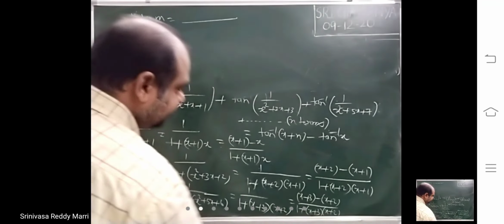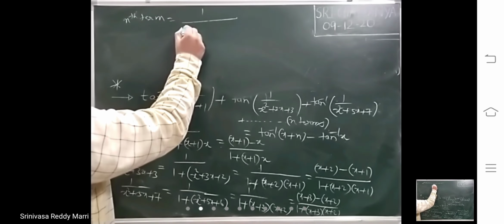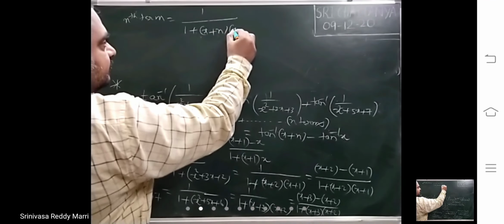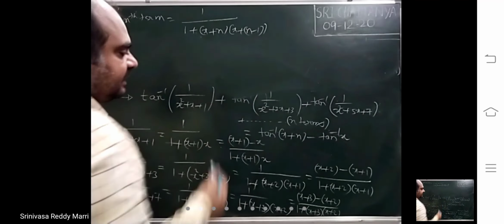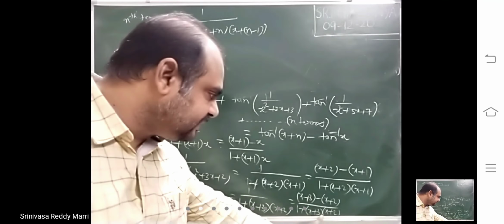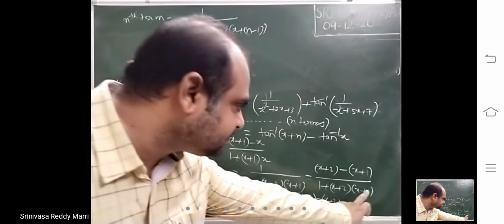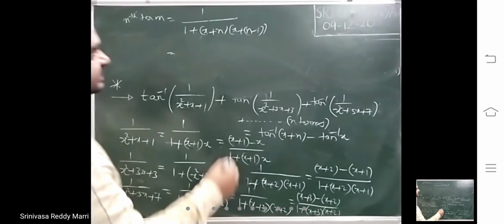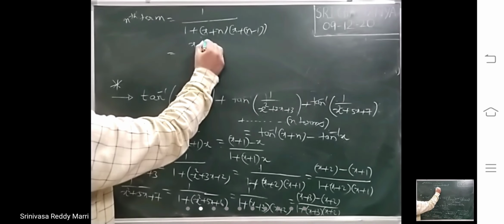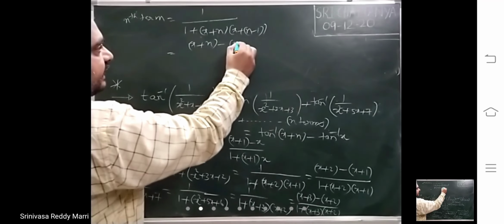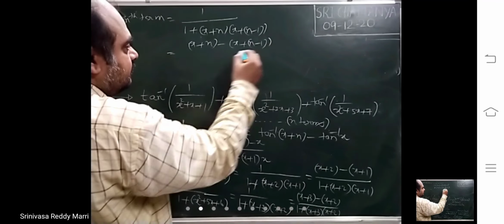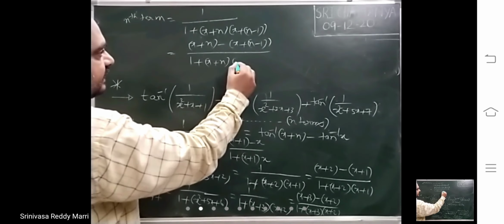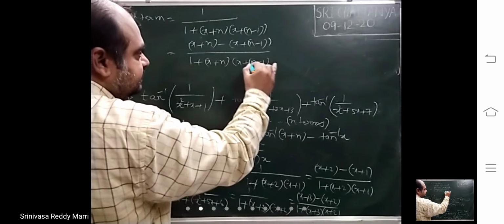Third term, (x plus 3) into (x plus 2). Like that, the nth term will be 1 plus (x plus n) into (x plus n minus 1). Inside tan inverse, this can be written in the form (x plus n) minus (x plus n minus 1) divided by 1 plus (x plus n) into (x plus n minus 1).